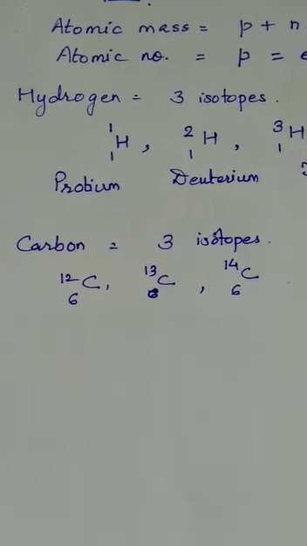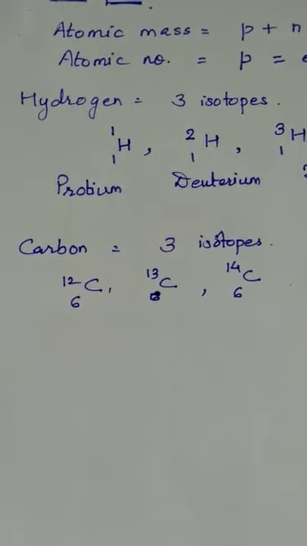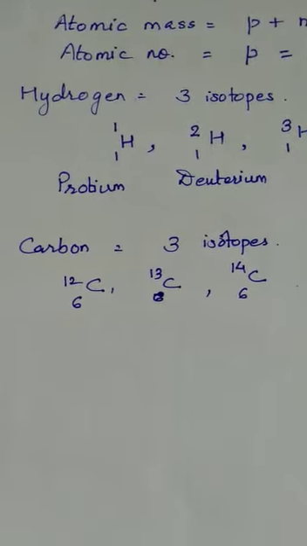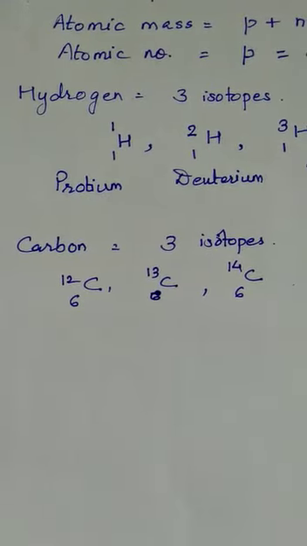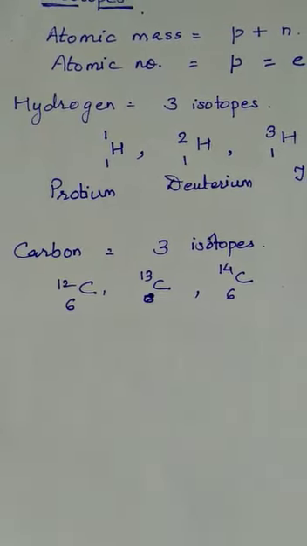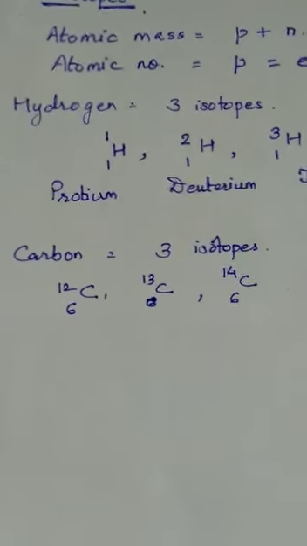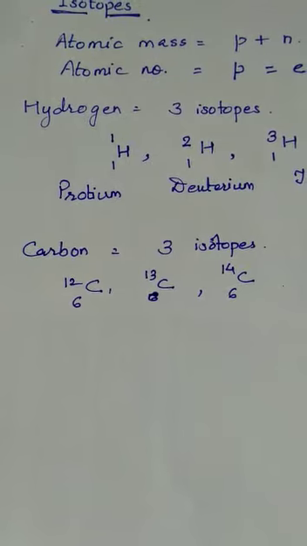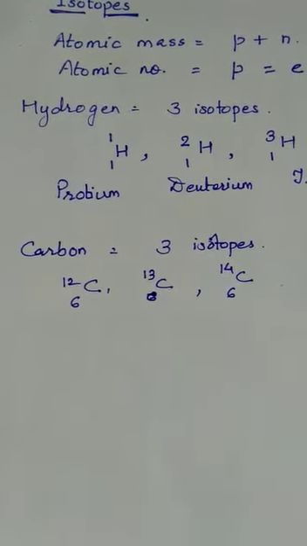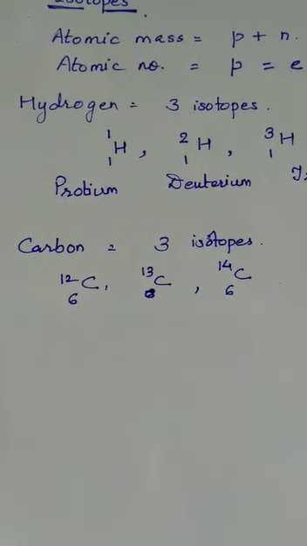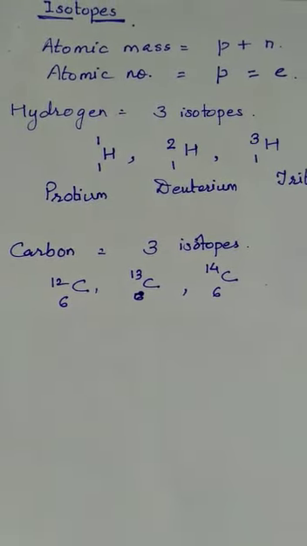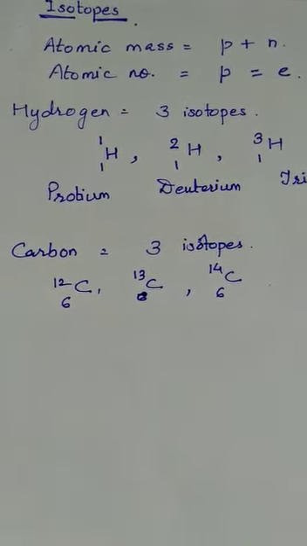But the properties which depend on the atomic mass will change because there is a change in the mass of the atoms of that element. So the physical properties which depend on mass, that is density, boiling point, melting point, etc., will differ in the different atoms of the isotopes.